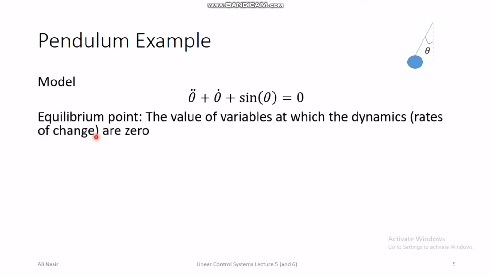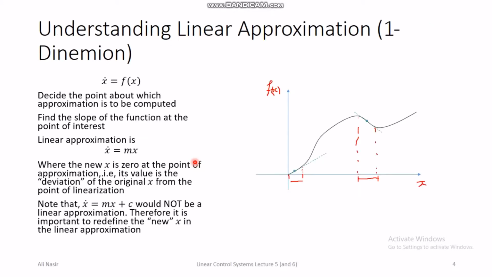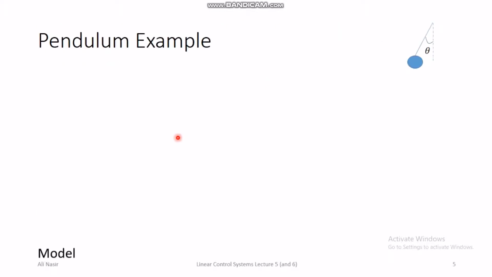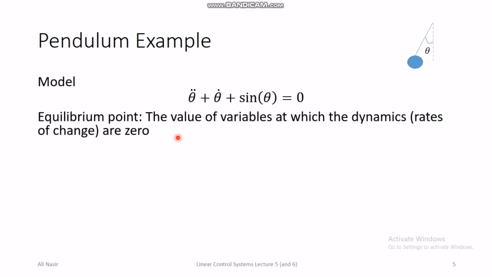So equilibrium point. First of all, as we did in the conceptual slide, we always pick some point about which we need to do linearization. In control systems, that point is a special point which is called the equilibrium point. So we always do linear approximation about the equilibrium point. Why do we do that?